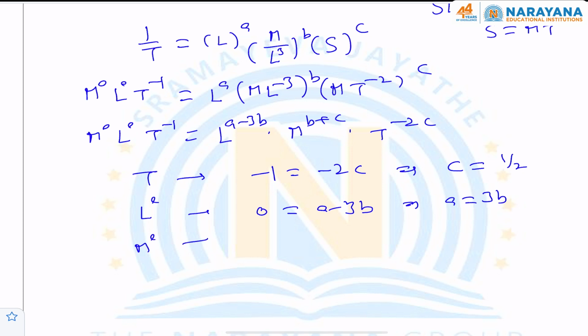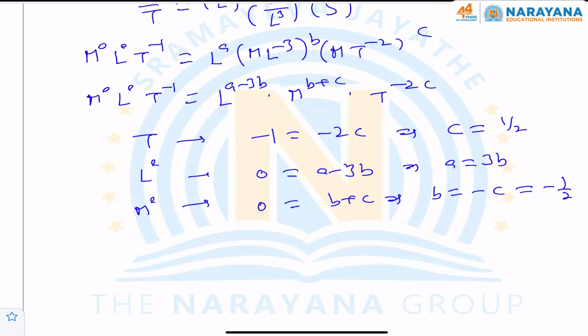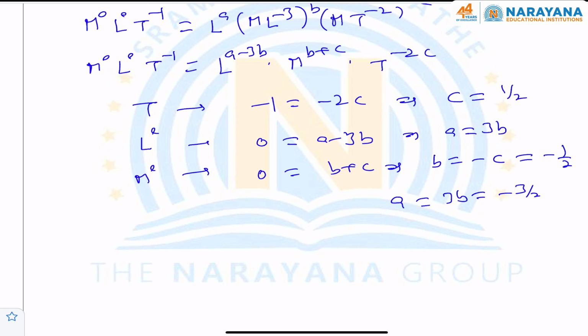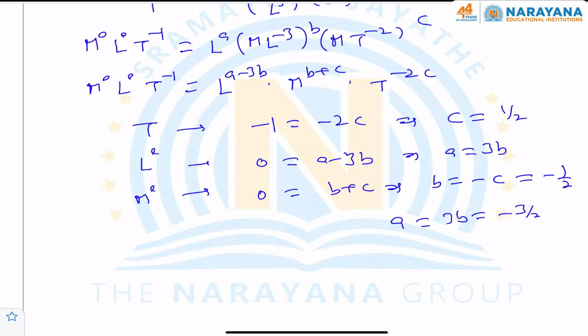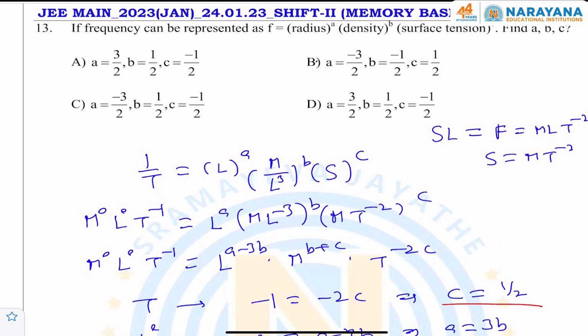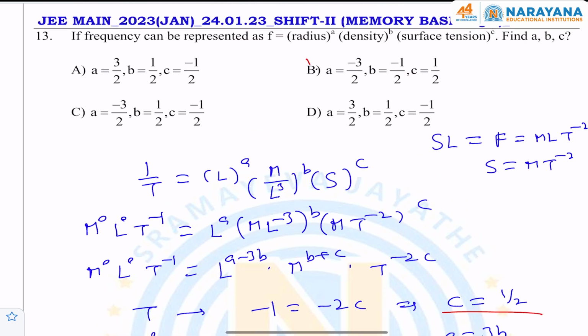Similarly, equating the powers of M, 0 equal to B plus C, which gives B equal to minus C. As C is 1 by 2, B equals minus 1 by 2, A equal to 3 times B, so it is minus 3 by 2. So now we got A equal to minus 3 by 2, B equal to minus 1 by 2, C equal to 1 by 2. So the corresponding option is B.